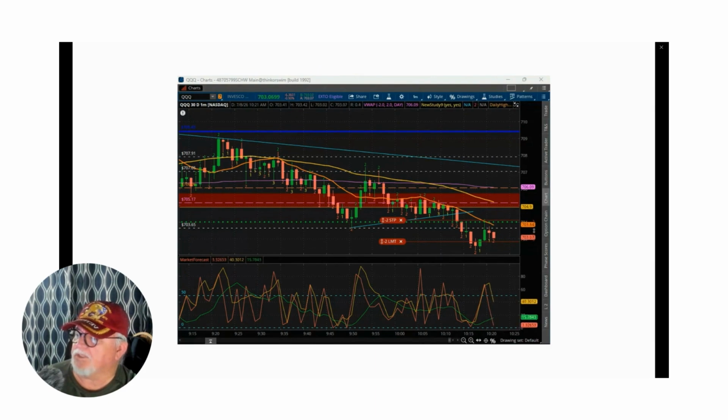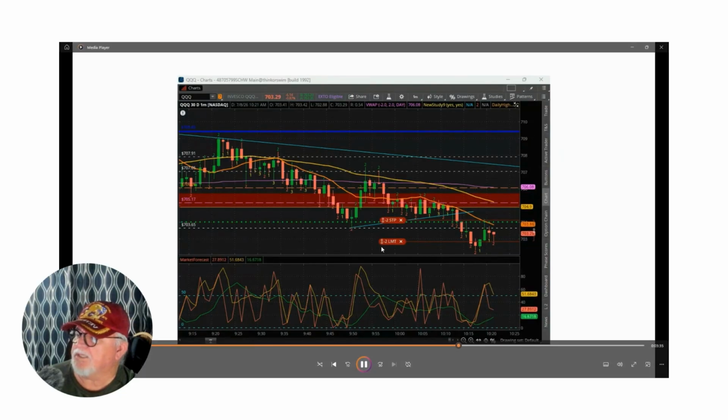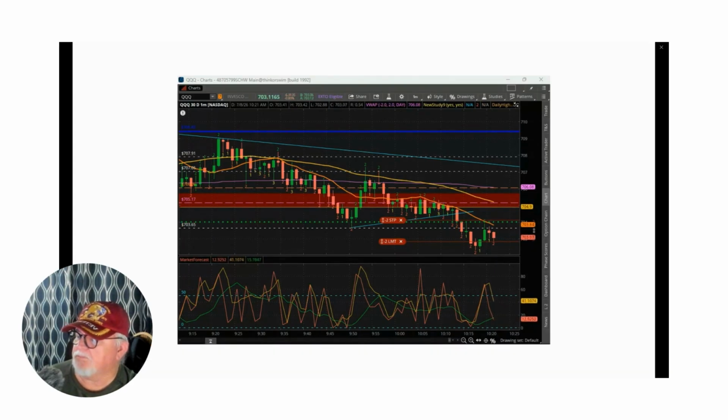You can see the market starting to come back down. Looking for it to hit my sell order. And this is my sell order. Just about there. Just a little more push. A little more push down.